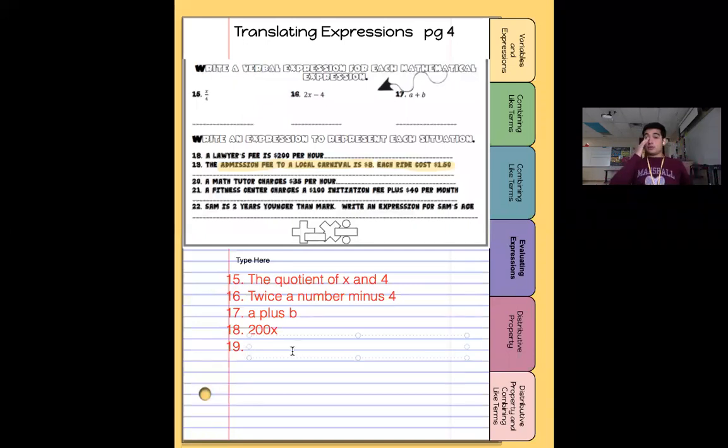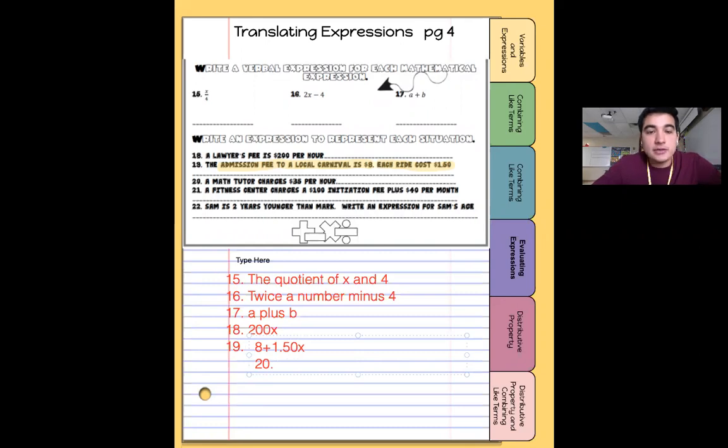Since the admission fee is $8, that's a flat fee. That's 8 plus $1.50 per ride. So 8 plus 1.50x, where x is the number of rides. It's a little tricky, but we'll practice. Next is 20.